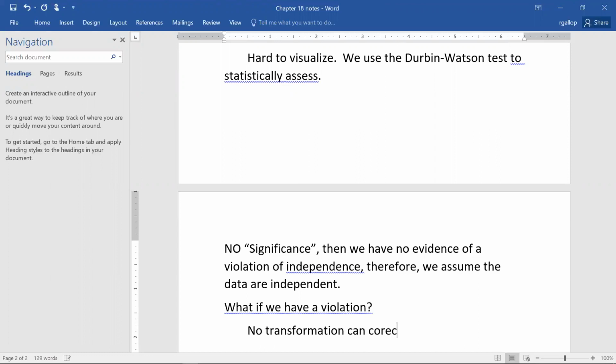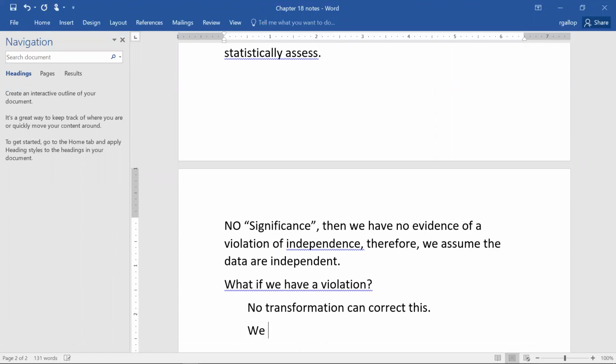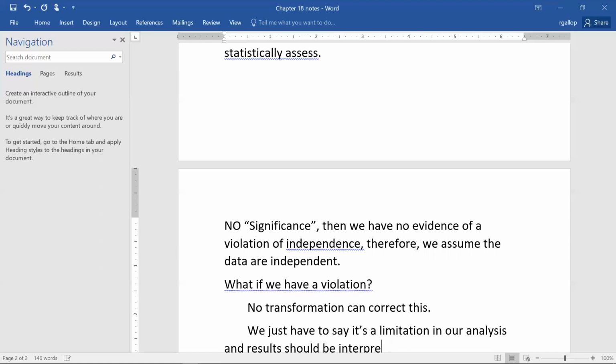No transformation. So this is the big thing.